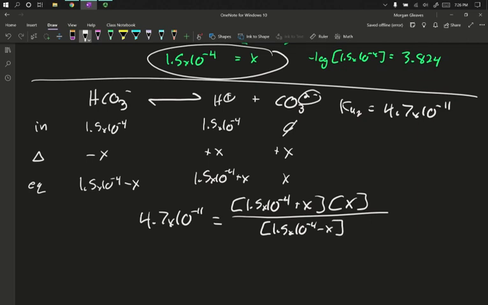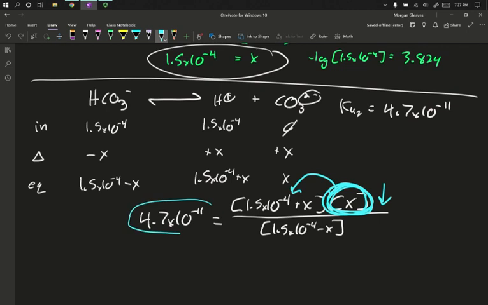Well, can we do any simplifying assumptions here? We have some pretty small concentrations, but look at our Ka here. We want it to be really tiny. And part of our top is almost the same size as part of our bottom. So the only way to get the top smaller is if x is really, really small, so that when I multiply it versus this other number, it ends up making the top really tiny.